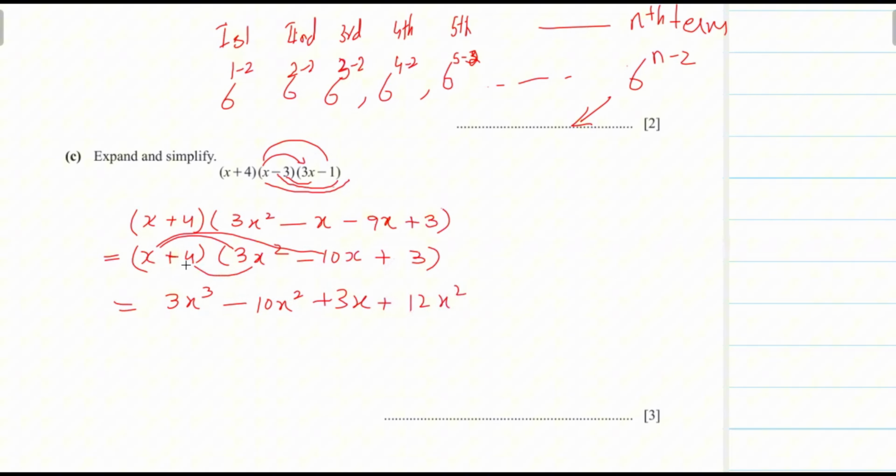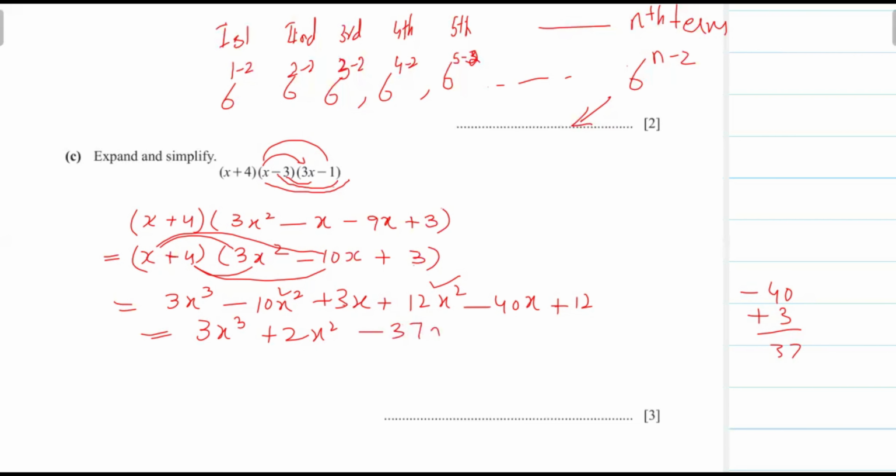And 4 to minus 10x, we get minus 40x. And 4 to plus 3, plus 12. Therefore, 3x cubed is written as it is, minus 10x squared plus 12x squared will be equal to plus 2x squared, and plus 3x minus 40x will be equal to minus 37x, and plus 12 is written as it is.